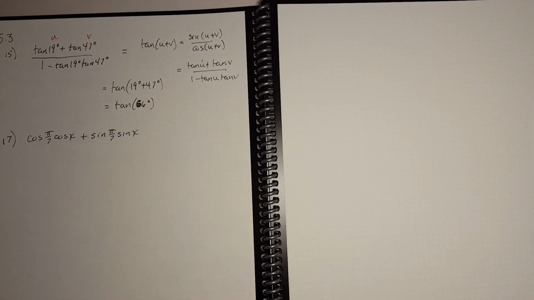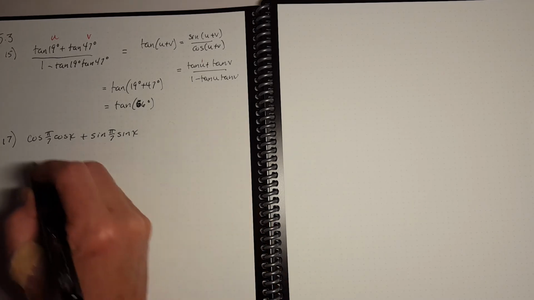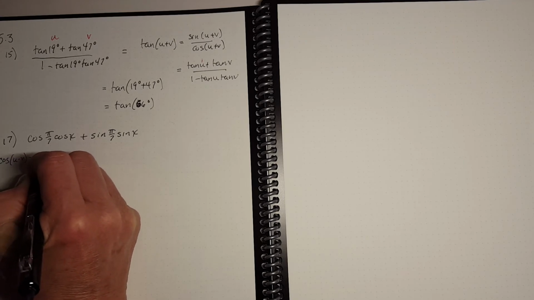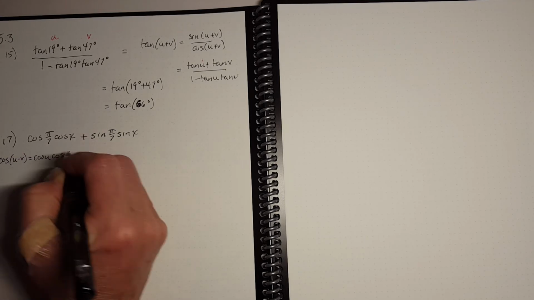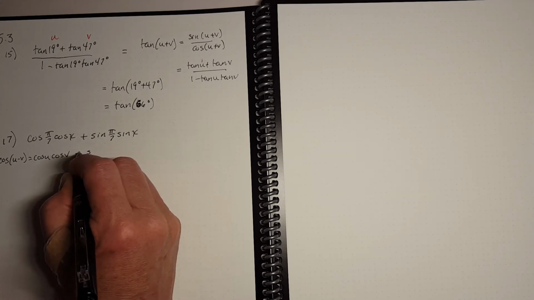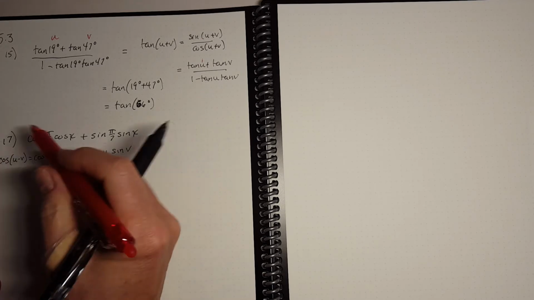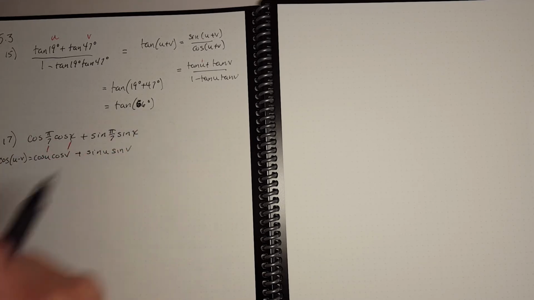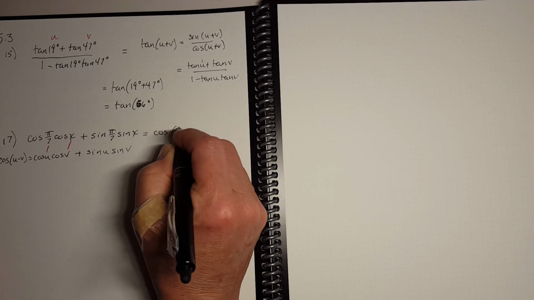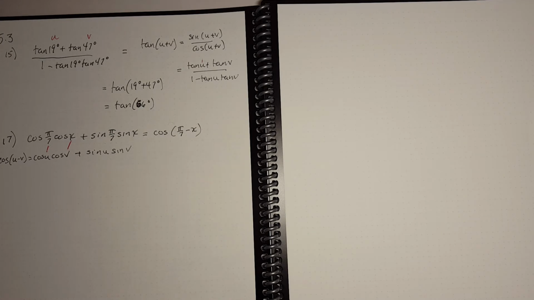So we're looking at which identity this fits into, and this fits into the cosine of u minus v is equal to cosine u cosine v plus sine u sine v. And so u is pi over 7 and v is x. So we can rewrite that as cosine of pi over 7 minus x. And that's all there is to that one.